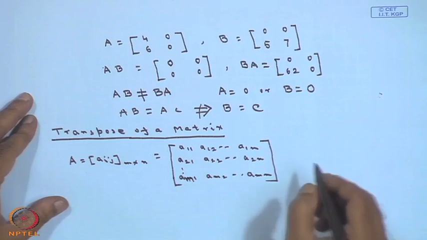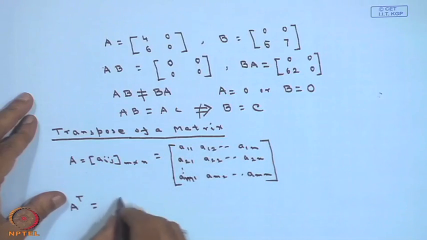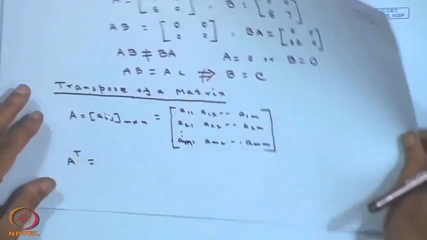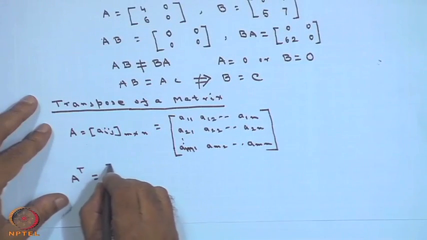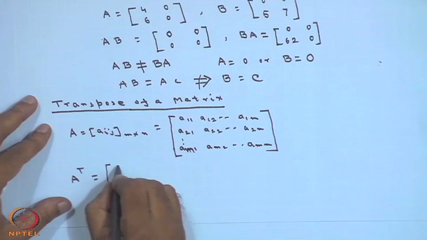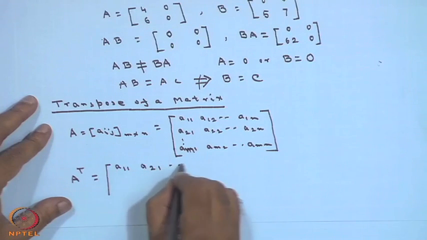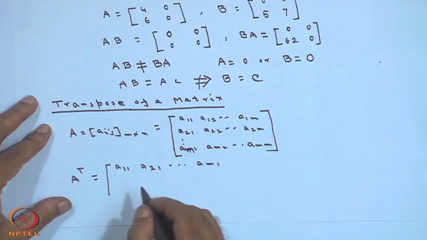This matrix is there. So, if I write down A transpose, then A transpose will be simply by interchanging the number of rows and number of columns of this matrix. Here it will be A11, A21 and then Am1. This column is being changed as row.